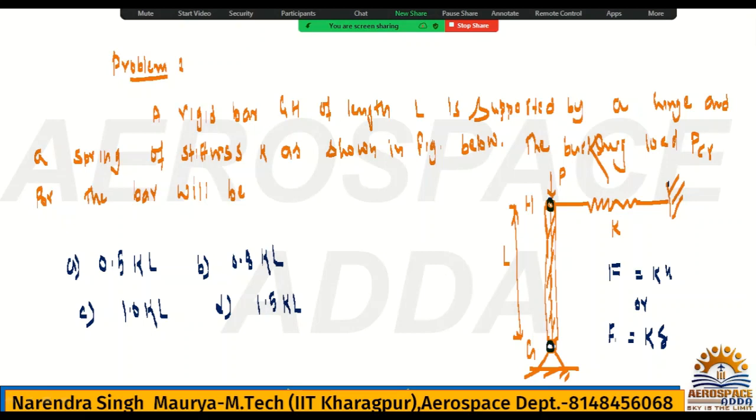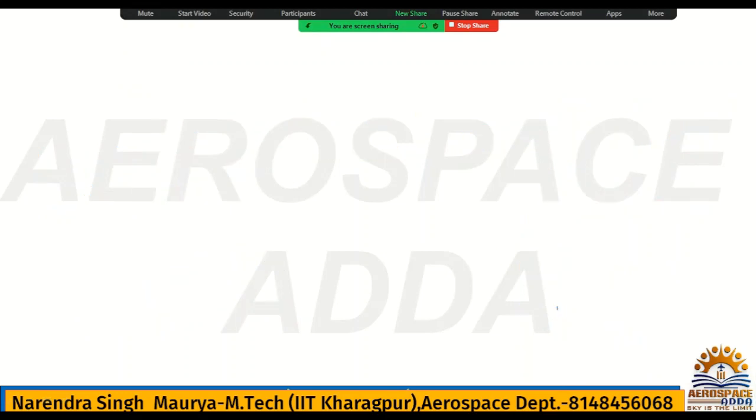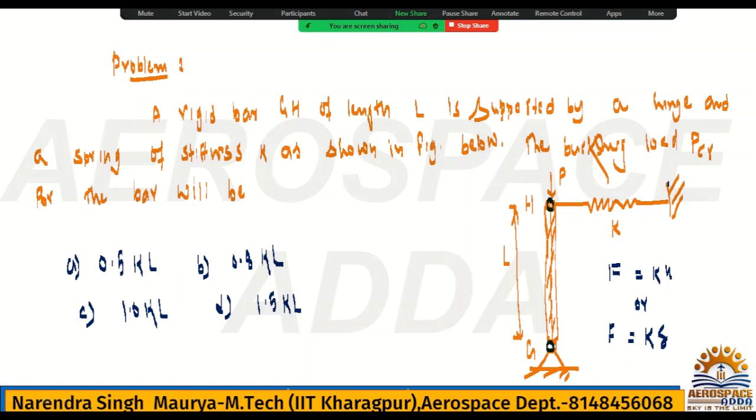Now check. See the diagram, and based on this we'll draw the diagram, okay? Because it is hinge at G, so definitely because of the spring elongation at G, this is hinge support, hence this column can move. How it can move, I will show you. See this diagram. So this column will be like this only. Because you are applying load P here, so this side we have spring attachment.